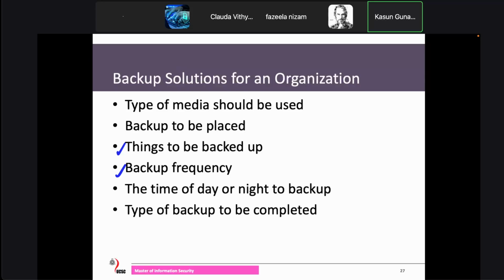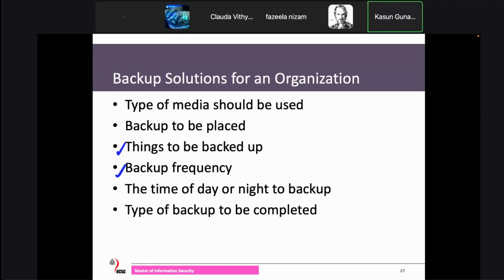Sometimes we have different types of backups as well, like full backups and partial backups, right? So it's important to identify the type of backups. A full backup will back up all your information irrespective of its criticalness, right? On the other side, there are incremental backups.